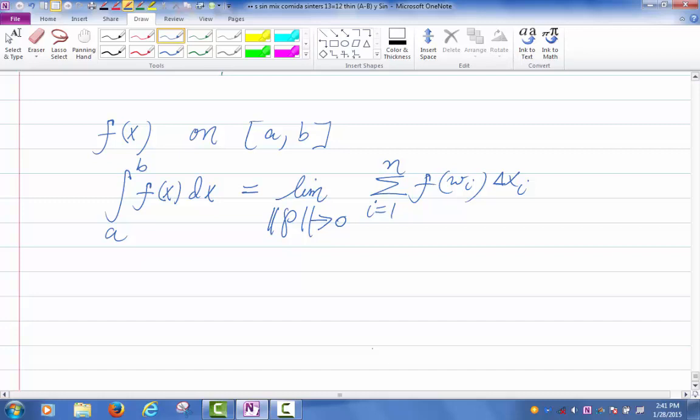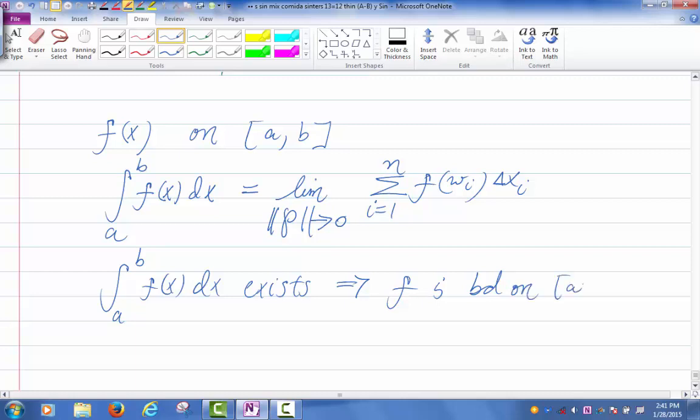So remember what we said, that if the integral from a to b of f of x dx exists, it implies f is bounded on ab.